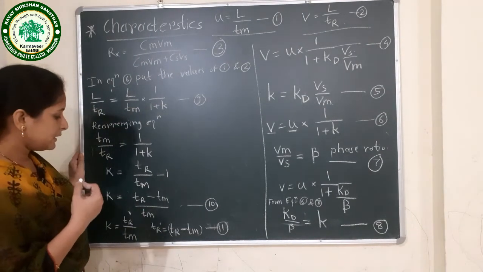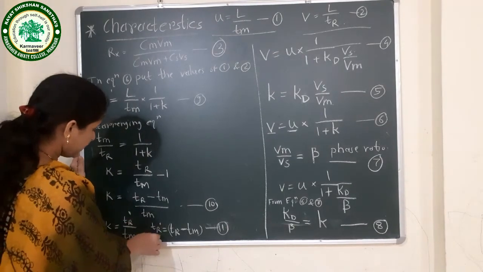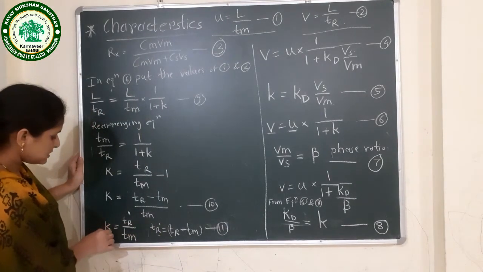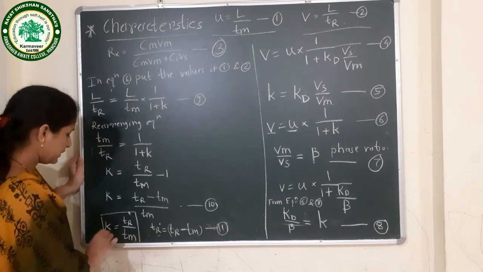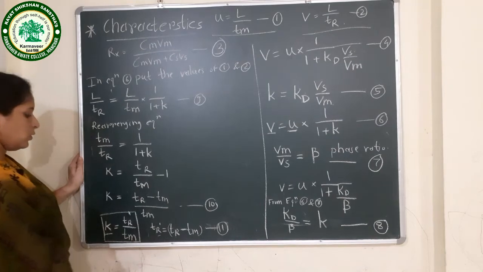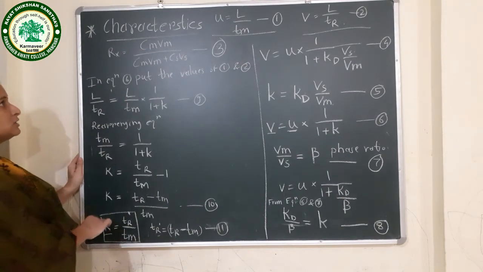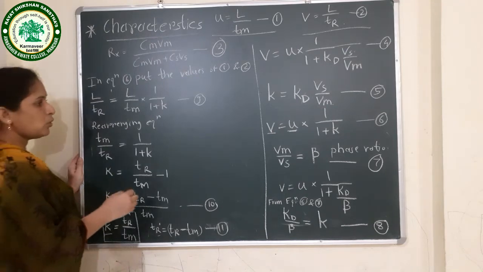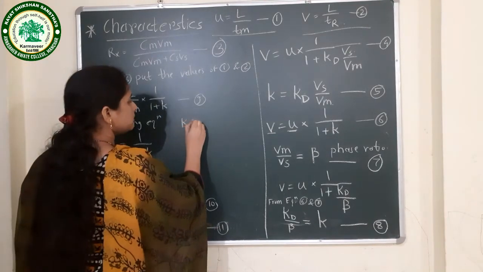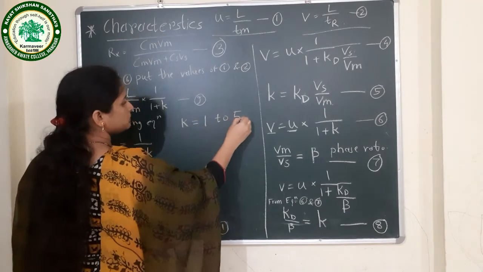Therefore, by directly studying the chromatogram, we can calculate the retention time as well as the retention factor. Now this k is the retention factor, which is a characteristic of the chromatogram. This value of k must be between 1 and 5.